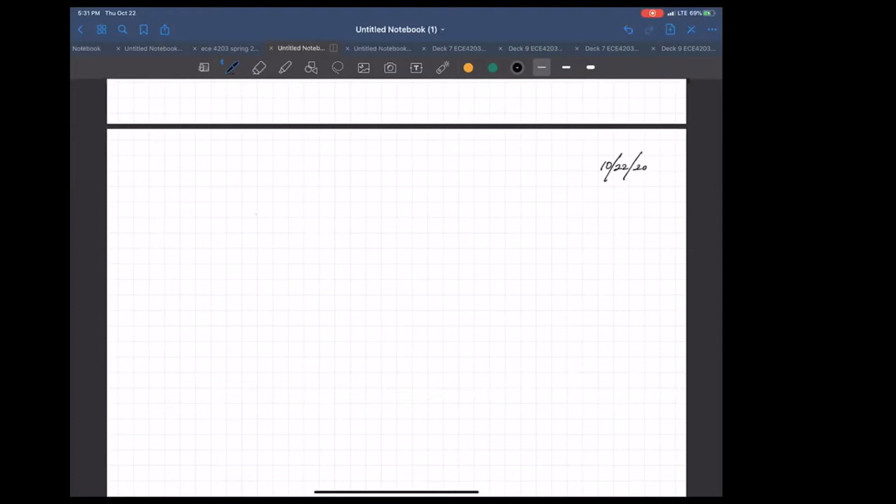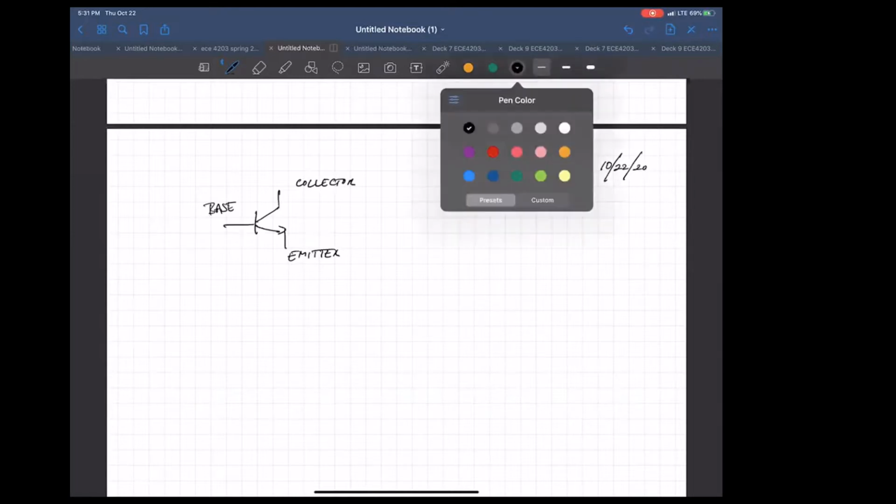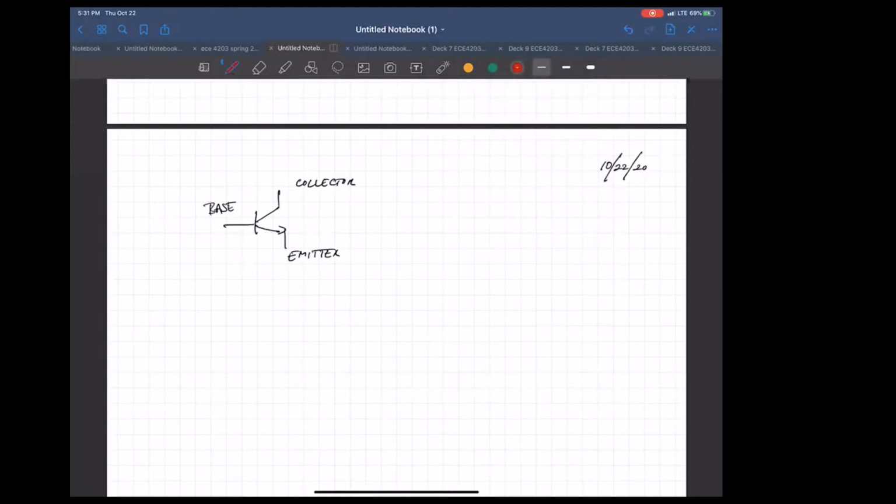And so we said we have this thing called a bipolar transistor, and it's a three-terminal device: base, collector, and emitter. And we said that if you bias things up correctly, if you put it in forward active mode, and what does that mean?